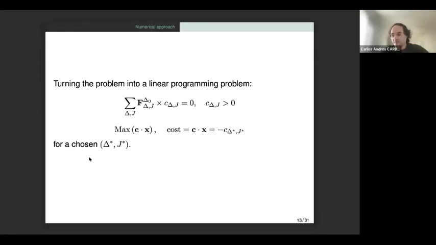When somebody tells you linear programming, you should think similarly to Gauss decomposition. If you have a linear system like this one, and you know that the number of constraints is equal to the number of unknowns, then you do a Gauss decomposition.